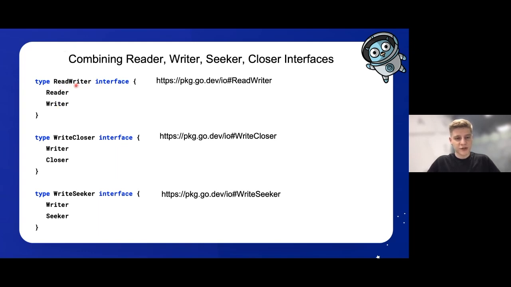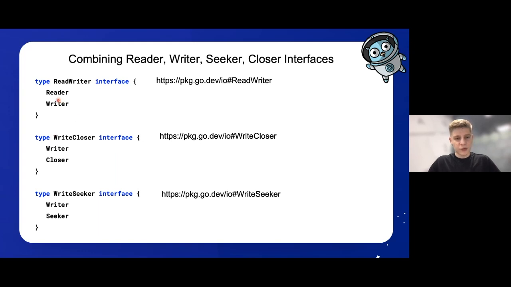And as you can notice, each interface has ER at the end. It's a common suffix in Go. So when you create interfaces, you should follow the standard, which means using the ending ER for interfaces.